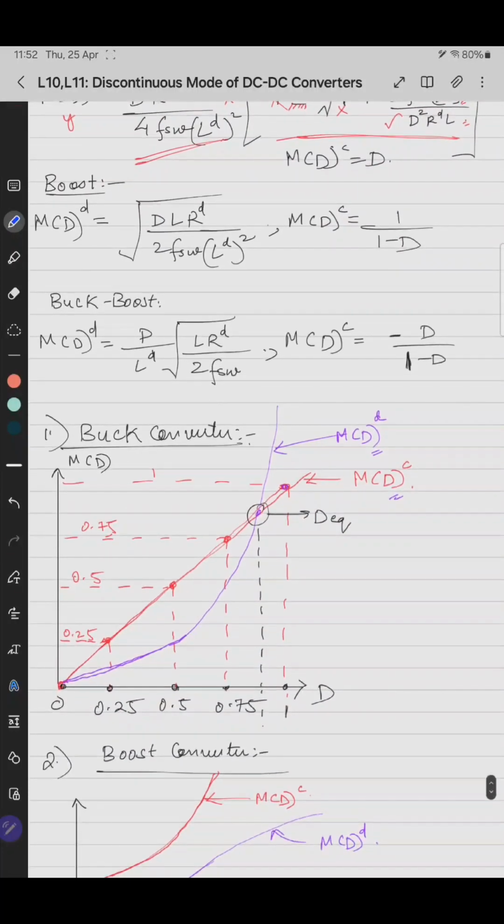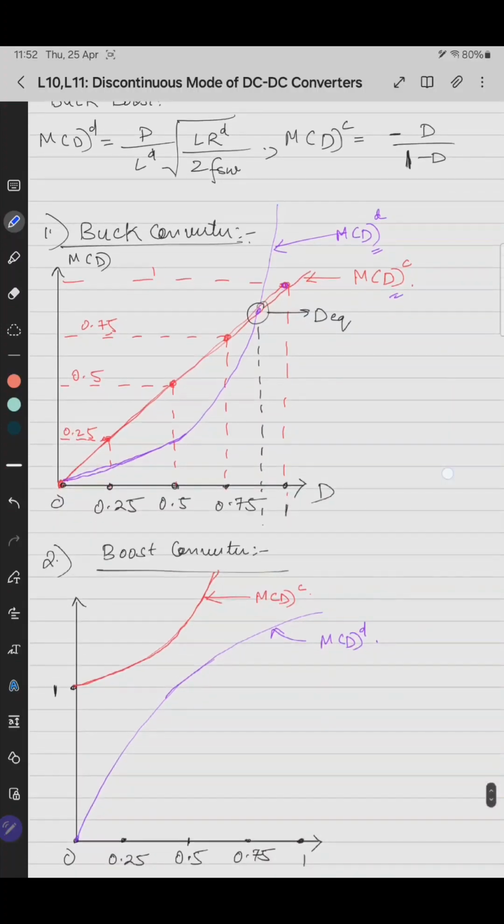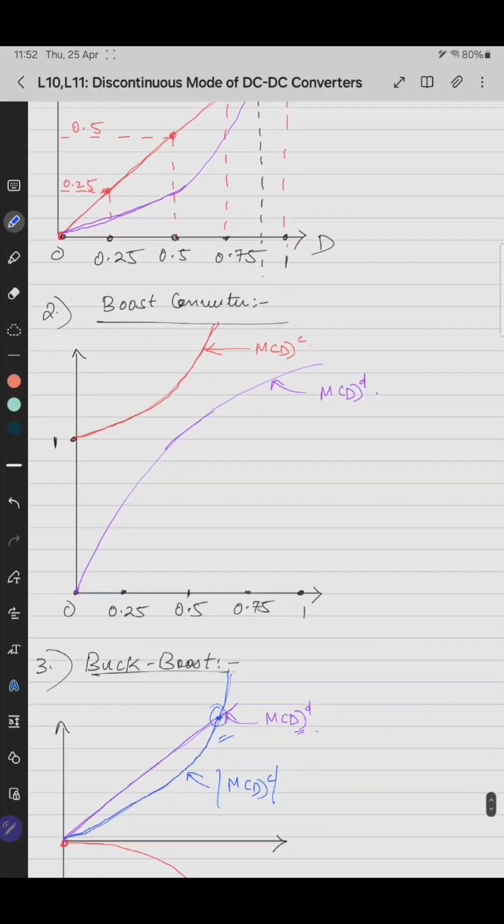Then we drew conclusions about the advantages of DCM: which converter, for which duty ratio range, which mode of operation gives more gain. That we saw here using this analysis.